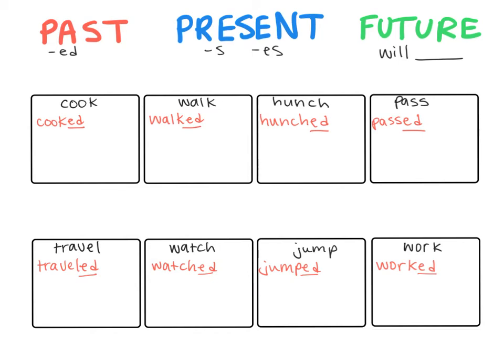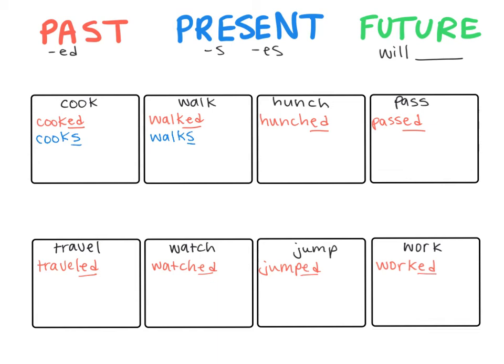Okay? Present tense, now this is where we got to really think. Am I going to add s or am I going to add es? It depends on the ending, right? So cook does not end in any of those funky endings that we've talked about. So I'm going to say cooks. I'm just going to add s. Okay. Walk also doesn't end in any funky endings. So I'm going to say walks. She walks into the store.